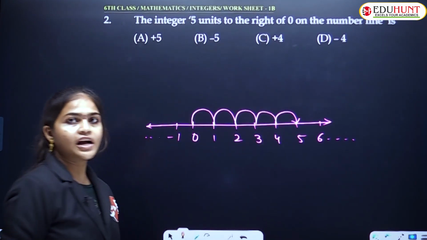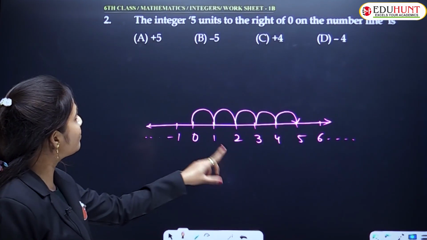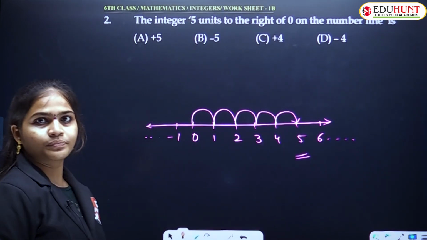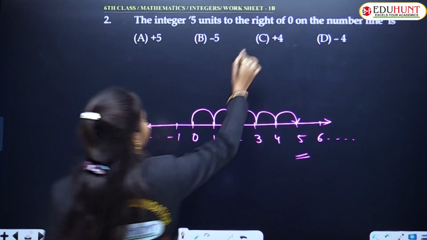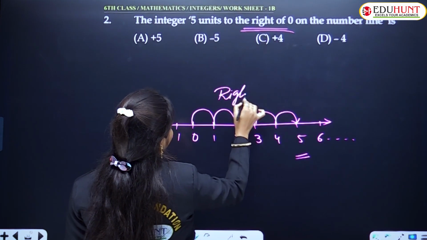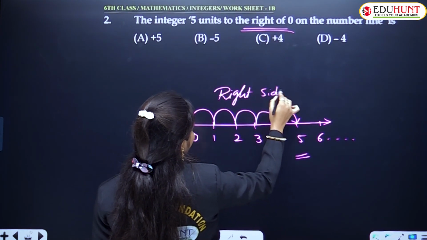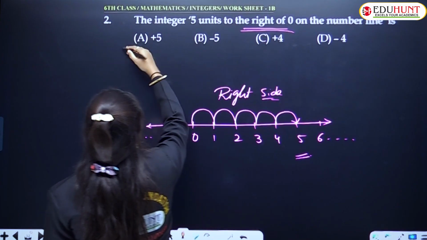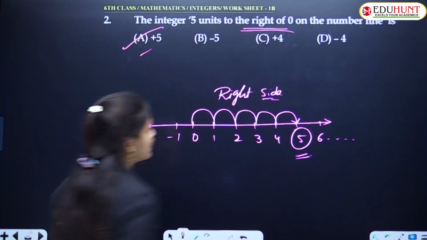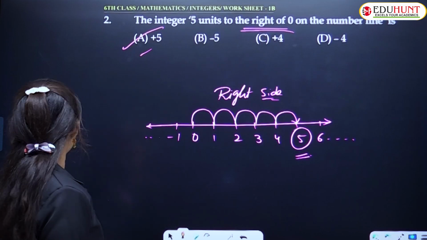Finally, after 5 units, what is the number on the number line? +5 or -5? That is +5 only, no? And they asked the right side of 0, and this is the right side only. So +5 is the answer. Understand?